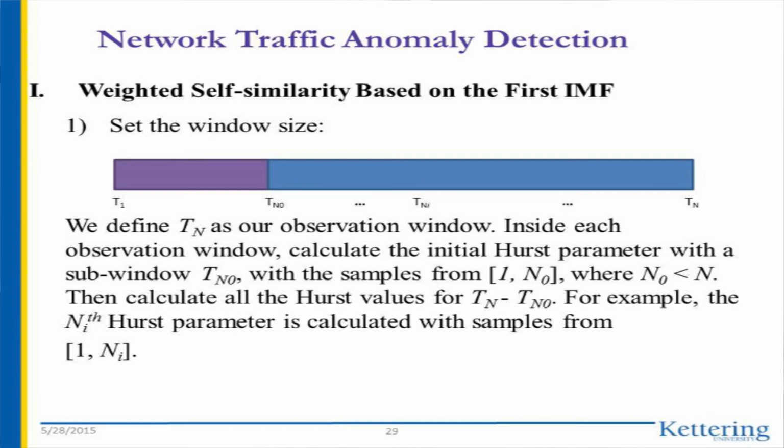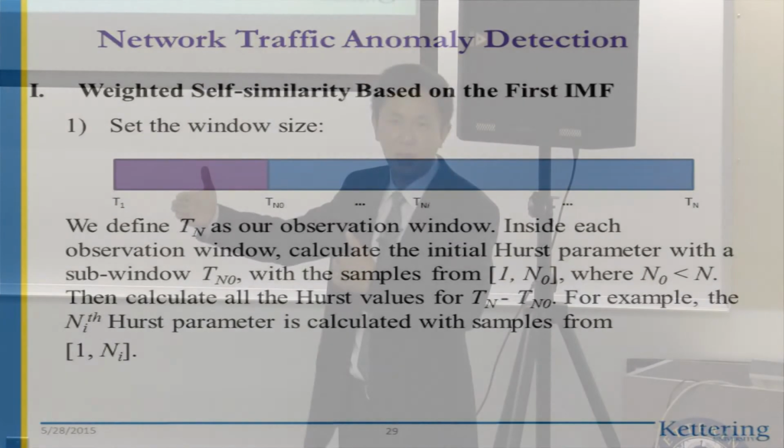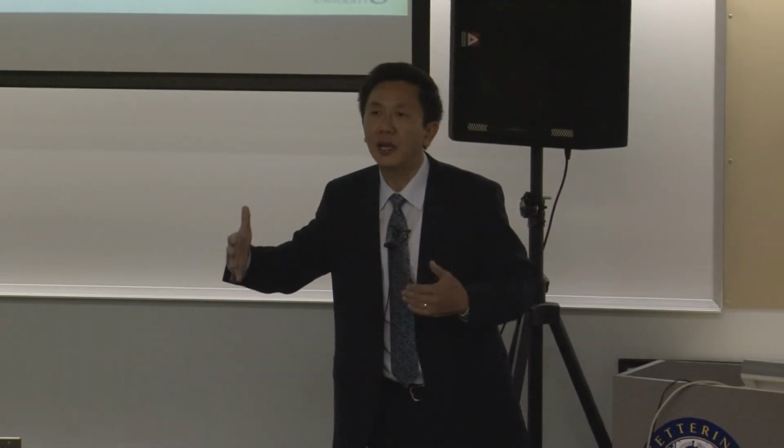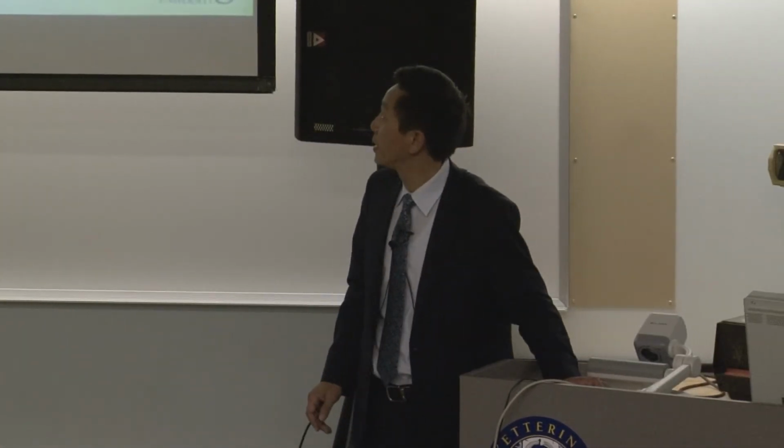That was actually based on the Hurst parameter, but the difference here is we use an adaptive way of calculating chunks of Hurst parameters and do the real-time analysis and comparison.